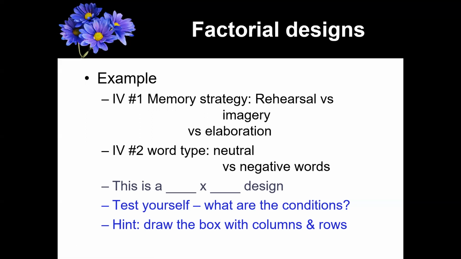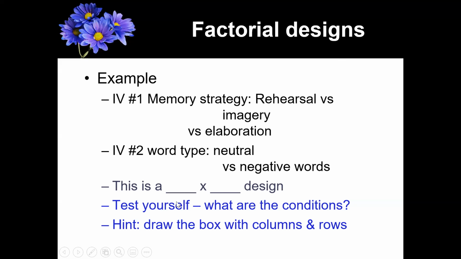Put the 3 levels above, and then the 2 levels to the side, and then draw out the combinations. Just pause the video and resume it when you're finished with that.